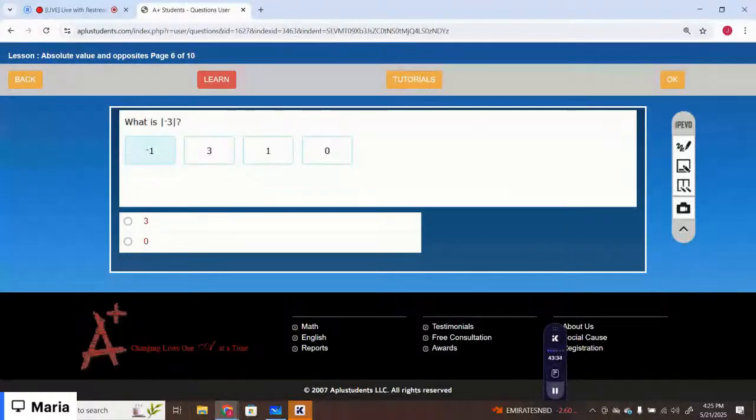What is the absolute value of negative 3? Absolute values are always the positive values, so the absolute value is 3. Option number 1 is the correct option.